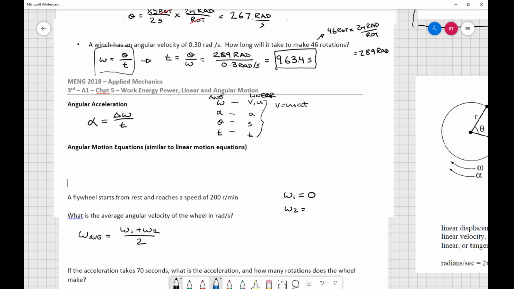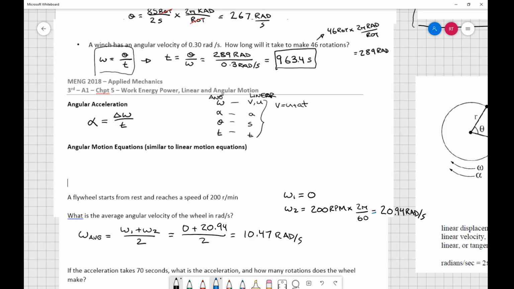Final is going to be 200 RPM times 2 pi by 60, which is 20.94 rads per second. So my average angular velocity is going to be 0 plus 20.94 over 2, and I would have 10.47 radians per second.